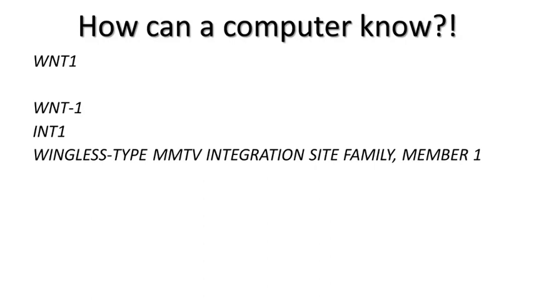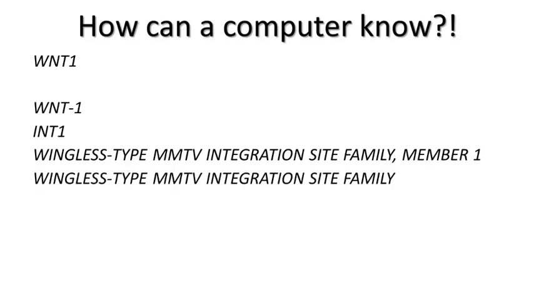Wnt1 is a shorthand for wingless-type MMTV integration site family member 1. The poor computer is really getting confused. Wnt1 is a member of the wingless-type MMTV integration site family, but a computer looking at Wnt1 and wingless-type MMTV integration site family has no way of knowing their relationship.